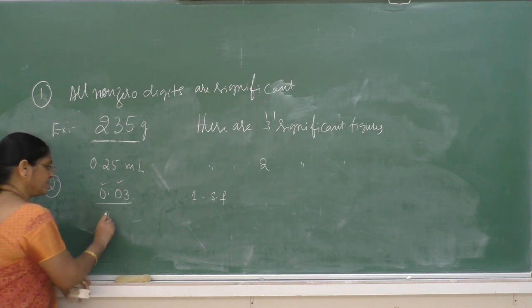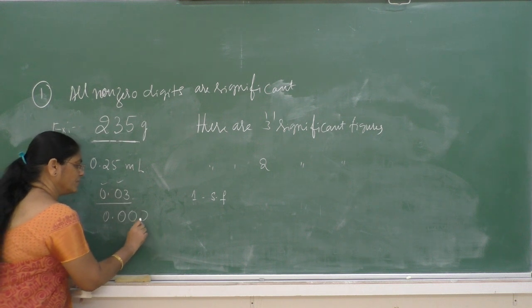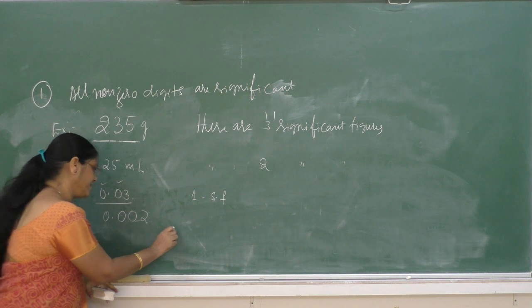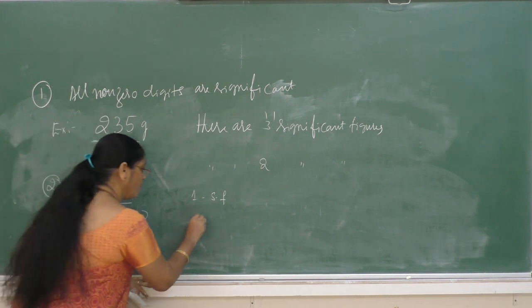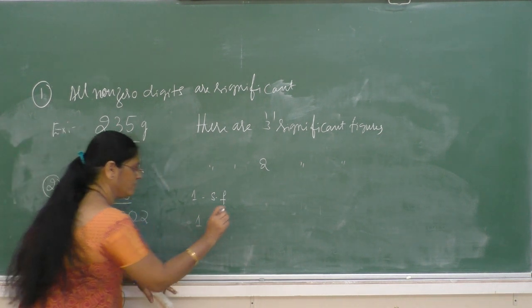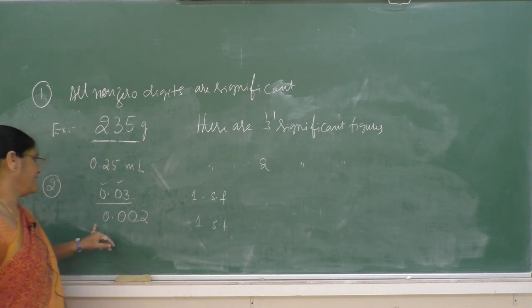Then one more example, 0.002. In this example, how many significant figures are there? Only 1 significant figure is present.